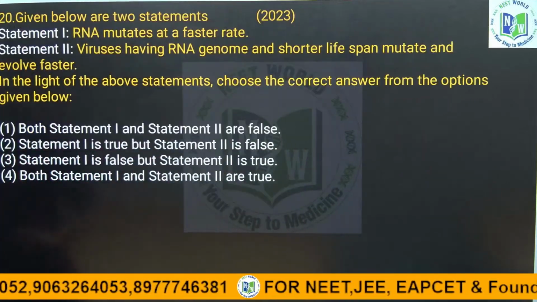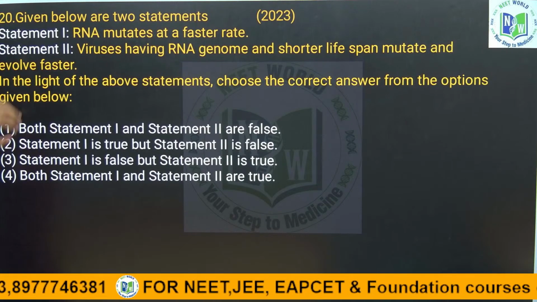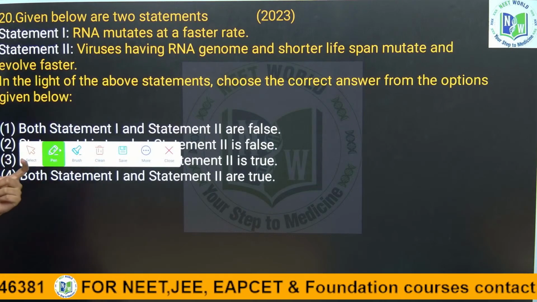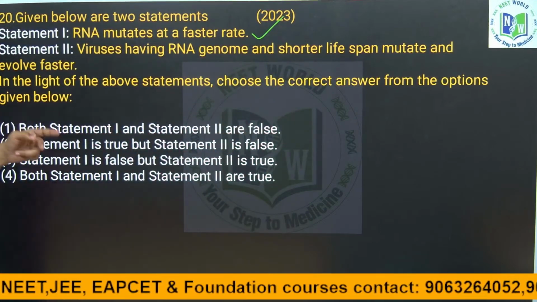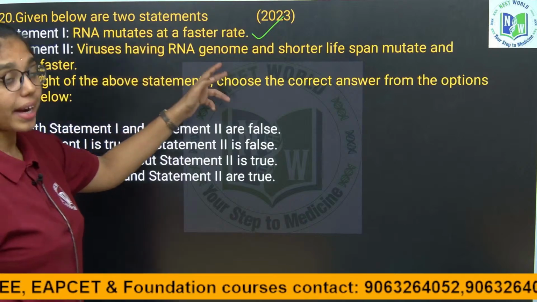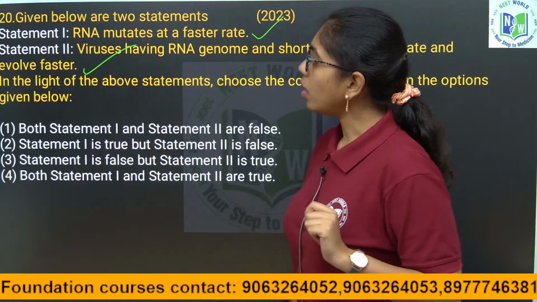Next question. Given below are two statements. First he is saying that RNA mutates at a faster rate. True. Statement 2, viruses having RNA genome and shorter lifespan will mutate and evolve faster.